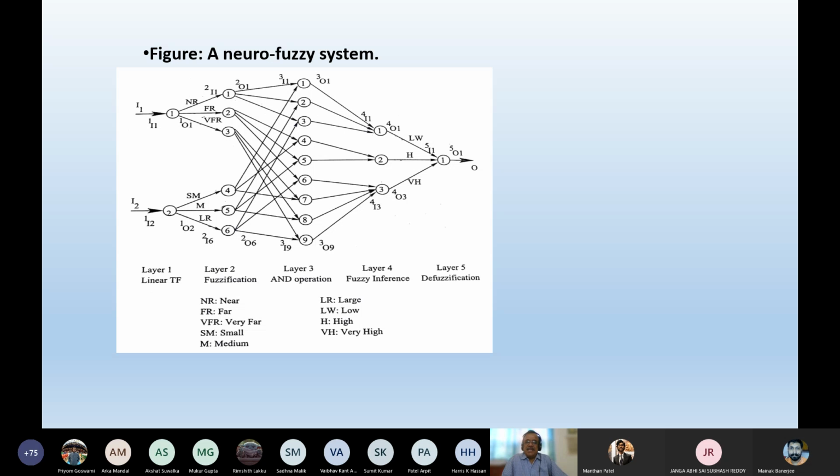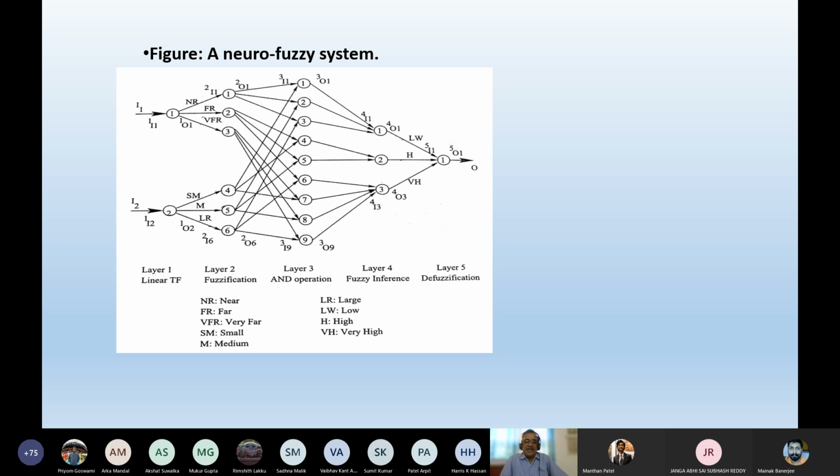If you say fuzzy-inspired neural network, then you have to see which one is primary and which one is secondary. The primary is the fuzzy reasoning tool. The secondary is actually the neural network structure. If you say it is a fuzzy-inspired neural network, it is wrong. The reverse could be true: it is a neural network inspired fuzzy reasoning tool.